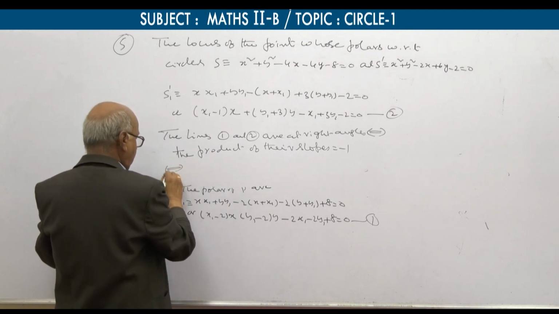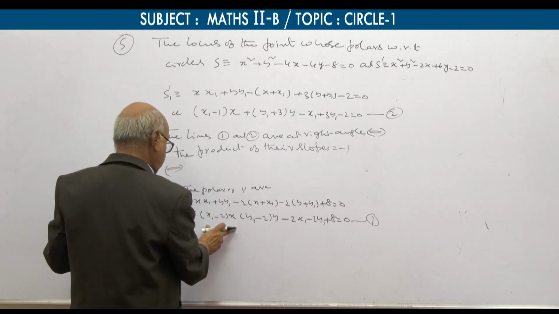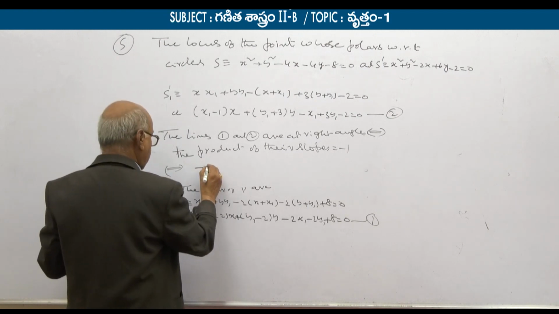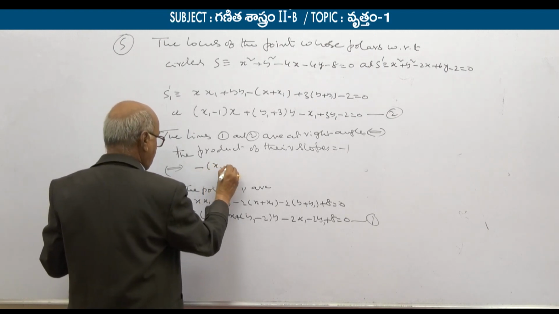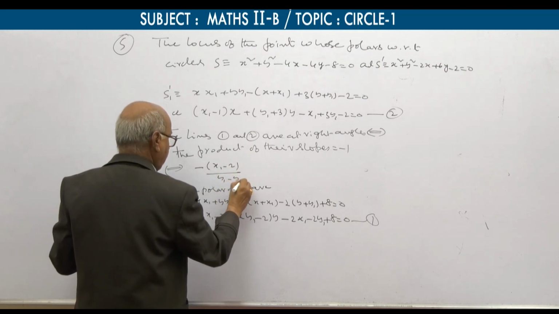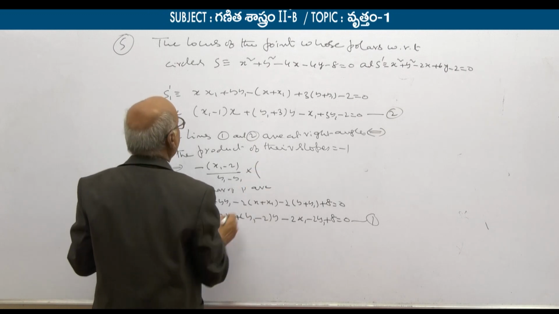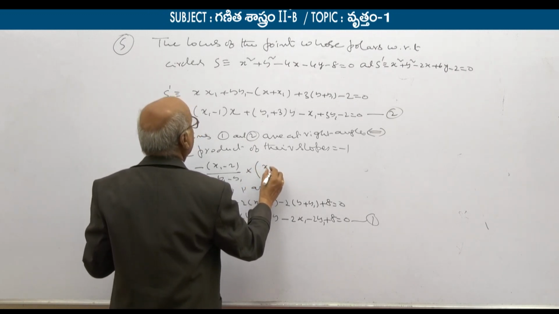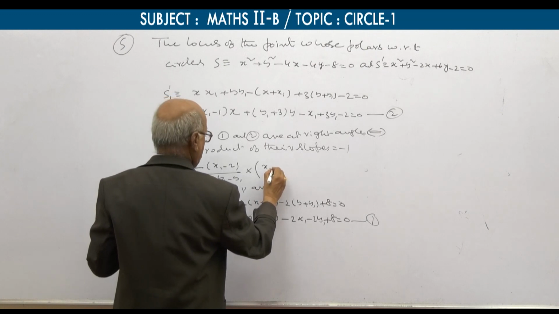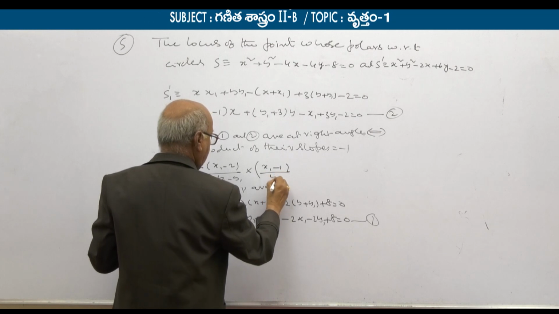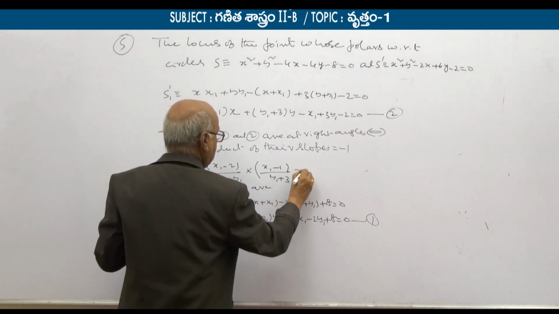That is, if and only if the product of their slopes, minus of (x1 minus 2) by (y1 minus 2) into (x1 minus 1) by (y1 plus 3), is equal to minus 1.